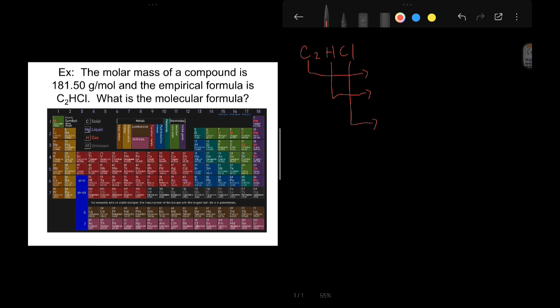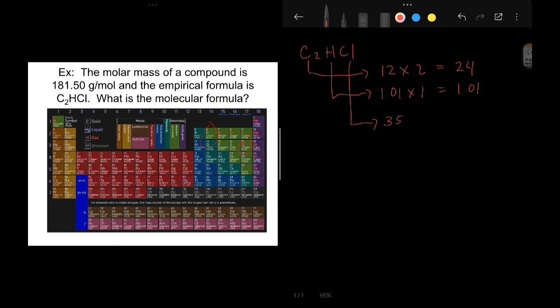So for carbon, we got 12, and then we're going to multiply by its subscript 2. So we got here 24. And then for hydrogen, we got 1.01 multiplied by 1, since the subscript of hydrogen is 1. And then for chlorine, that is 35.